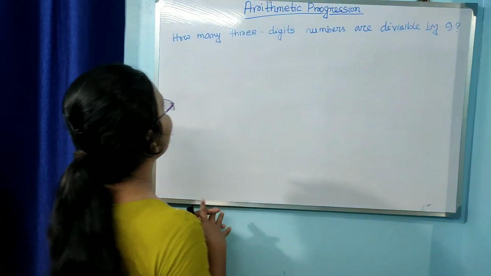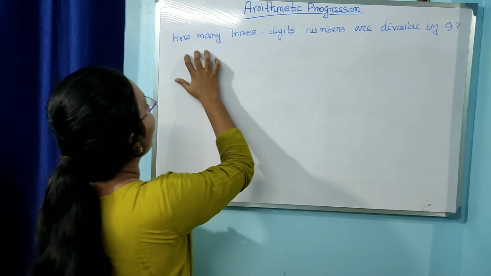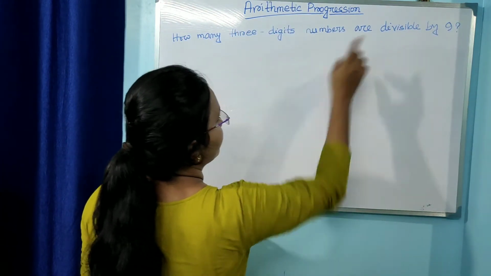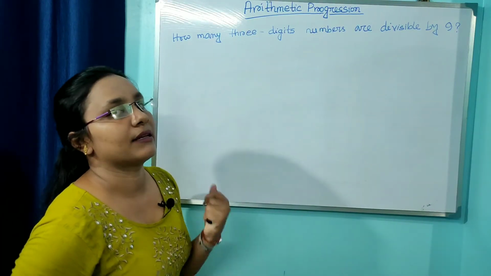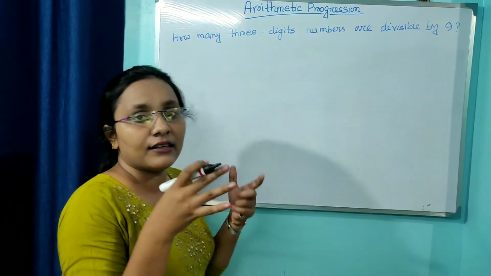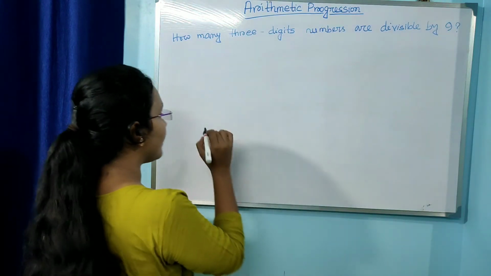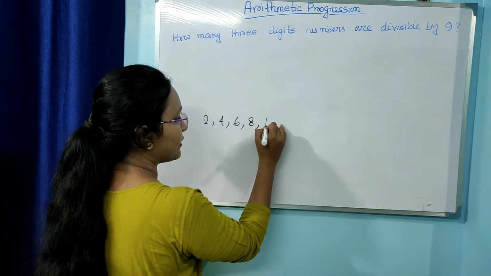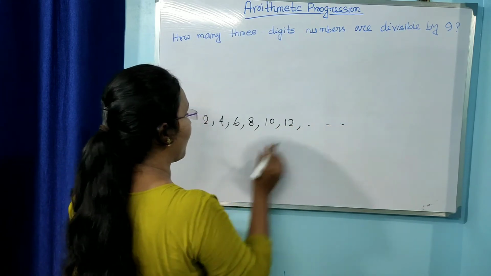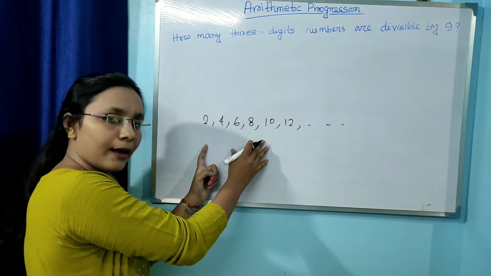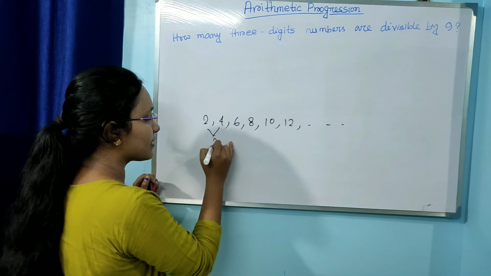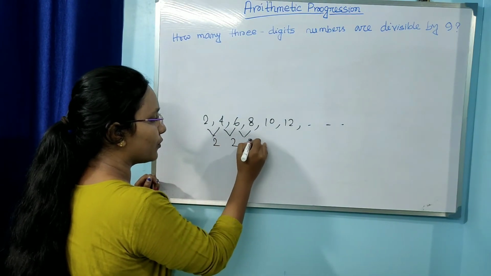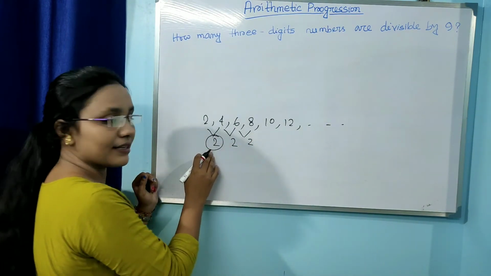So this is another type of problem where you have to find how many 3 digit numbers are divisible by 9. Before that, just imagine if we find the numbers which are divisible by 2, this will be 2, 4, 6, 8, 10, 12 and so on. So clearly this is an AP, and the common difference is 2.